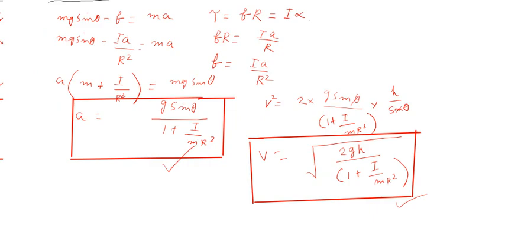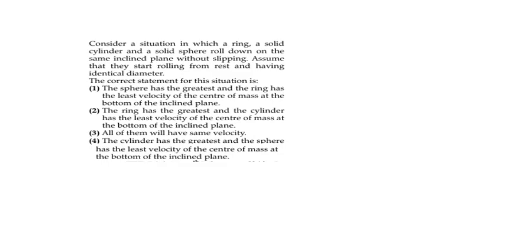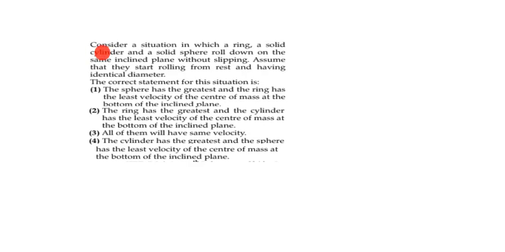So let's solve some problems from this theory. Here there is a problem which says: consider a situation in which a ring, a solid cylinder and a solid sphere roll down the same inclined plane without slipping. Assume that they start rolling from rest and have identical diameter.